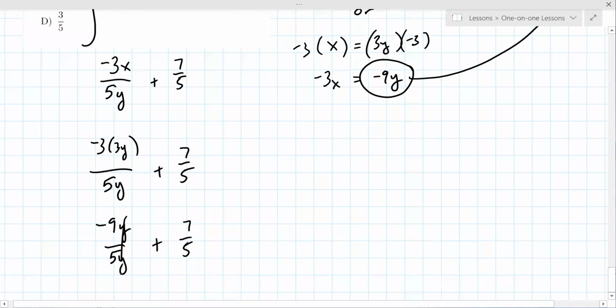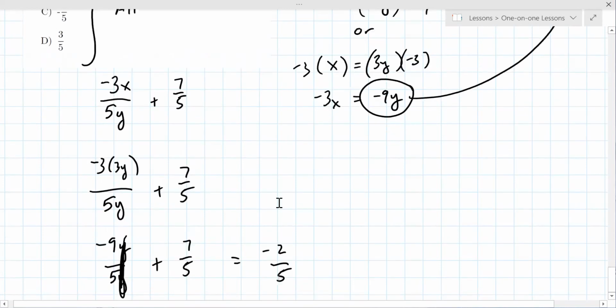The y's cancel, and then you get minus 2/5 as your answer. And you just got the x equals 3y from the y equals 1/3 x equation, right? Yeah, exactly.